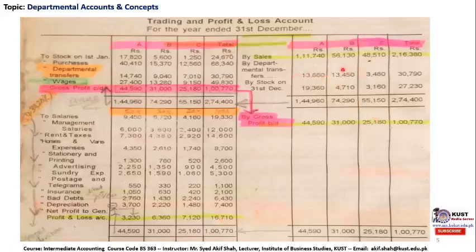The same is done for Department B, and the same has been mentioned for Department C.